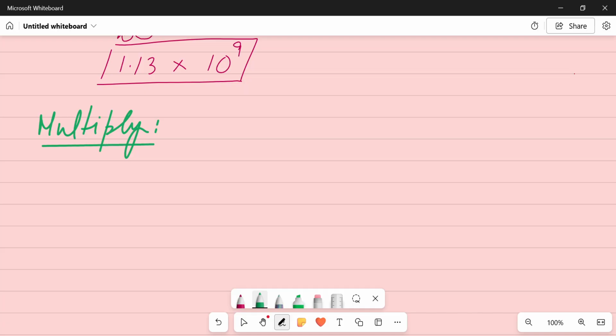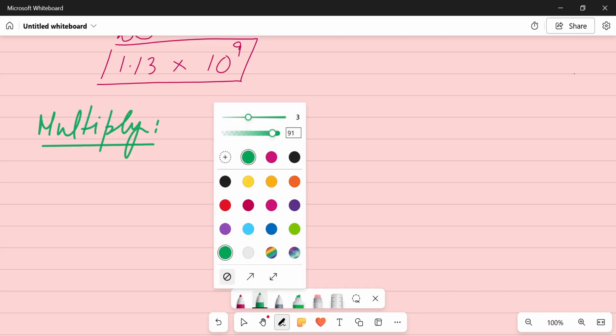Okay, now multiplication. In multiply, students, what we need to do? The examiner will check your decimal multiplication in multiplying the standard form, right?